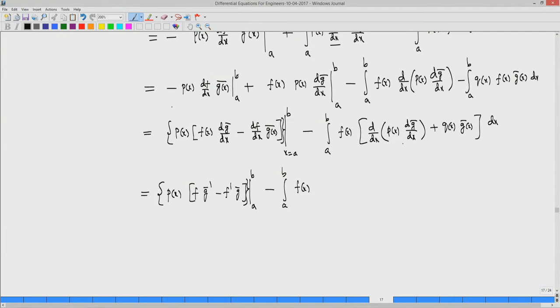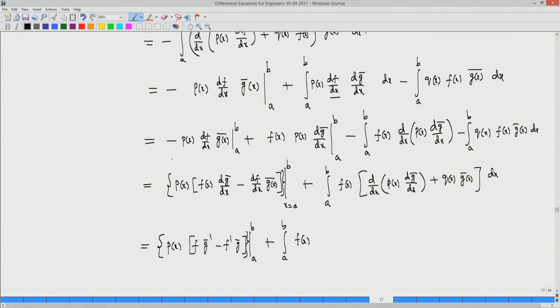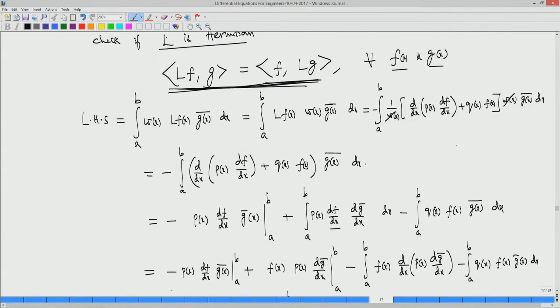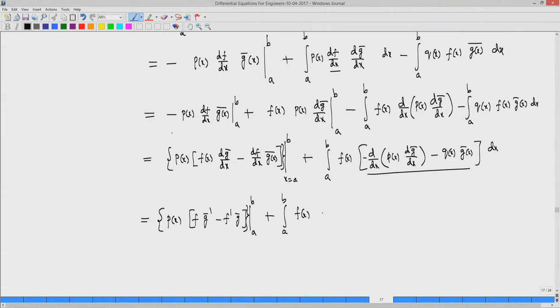This is actually plus, and with the minus, if you take this minus inside for the whole thing, minus and minus, and if you look at this one, this is exactly your L g. That is actually L g bar of x dx. Actually that is not exactly L g.